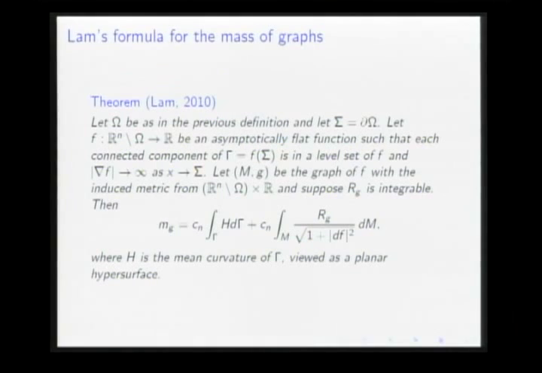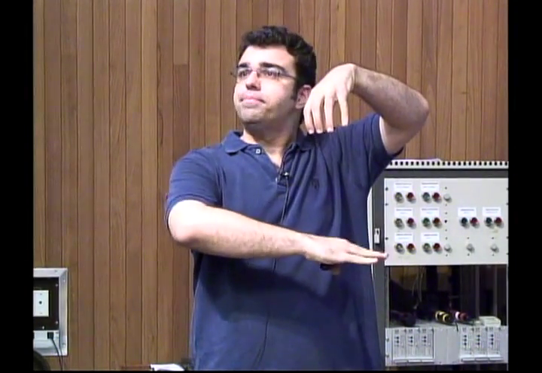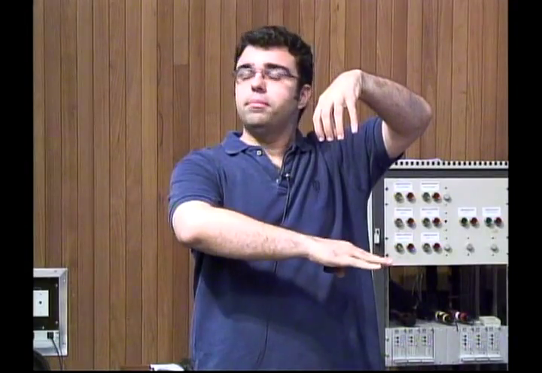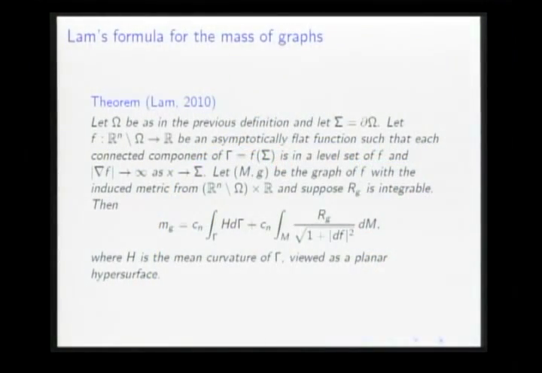H is the mean curvature of the boundary, but inside Rn. So the boundary is on some Rn parallel to the base here, and you're looking at the boundary inside this Rn. And then you have this mean curvature here.